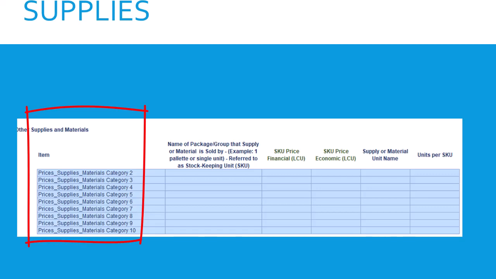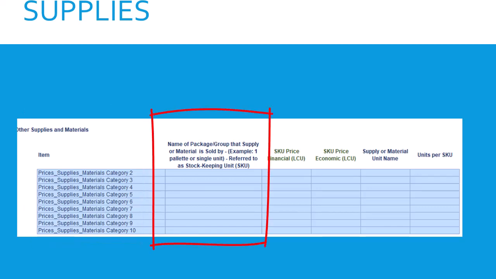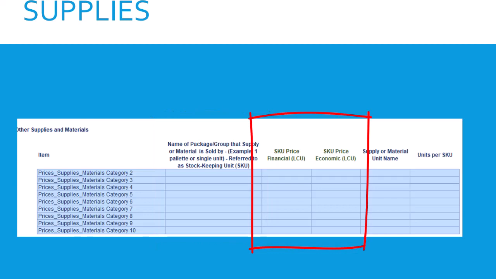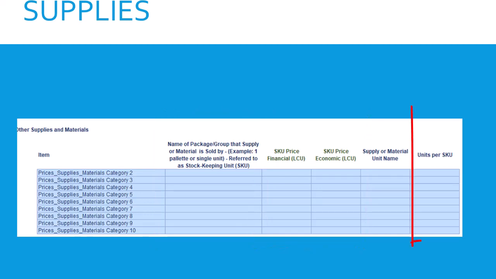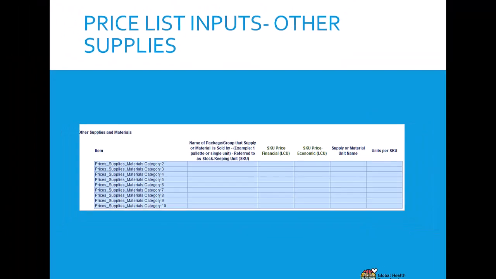You just fill in the name of the supply, the name of the package or group that is being sold by, and then the price per package, financial and economic, and then the supplier materials units in the package, and the name, of course, of the material or unit name as the resources used.